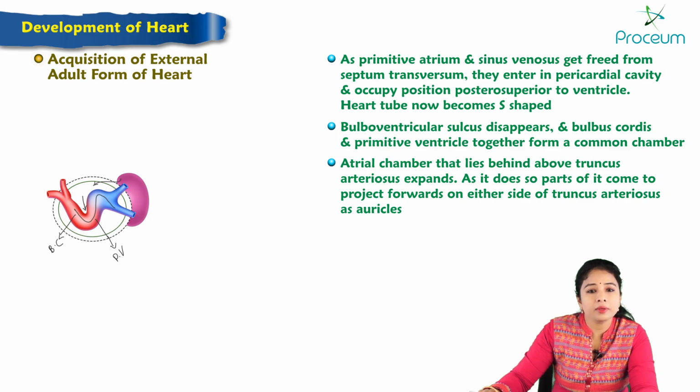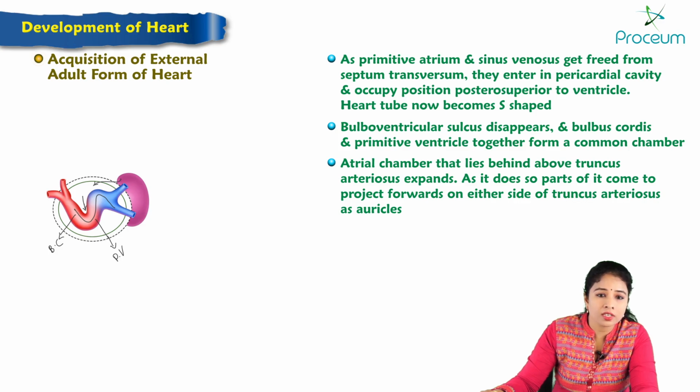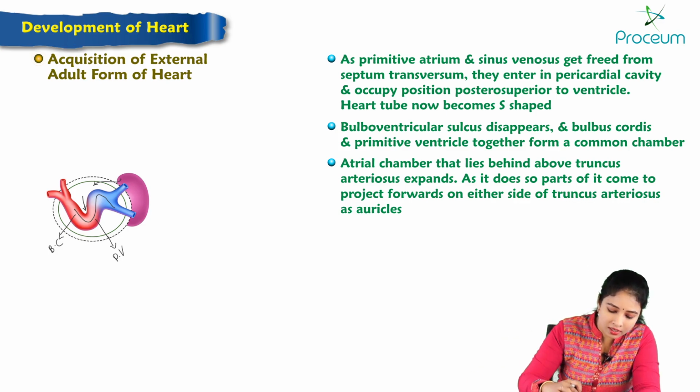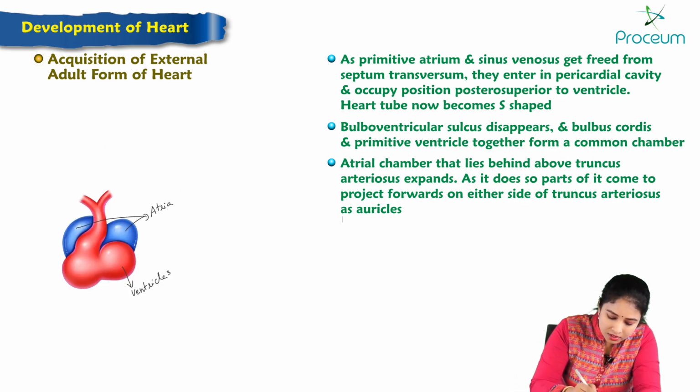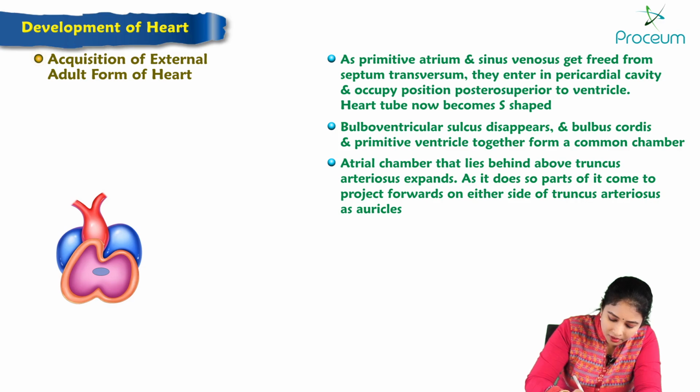And the atrial chamber that lies above the truncus arteriosus expands, and as it does so, parts of it project forwards on either side of the truncus arteriosus as auricles. So these projections, atria on each side, are present in the adult as auricles.